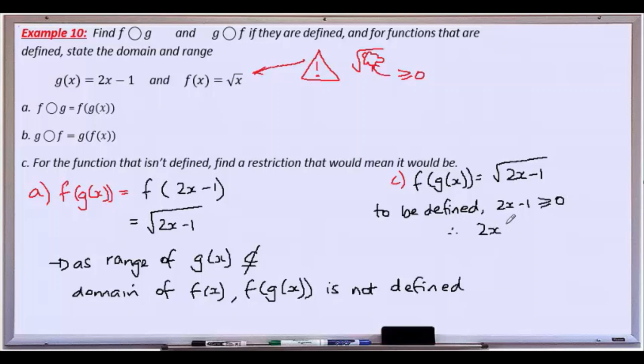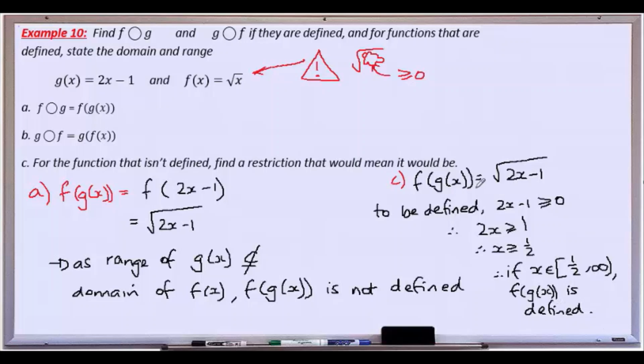Therefore, 2x is greater than or equal to 1, and therefore x is greater than or equal to 1/2. So if we restrict the domain, so if x is an element of, remember, square bracket, because we've got an equals to, from 1/2 to infinity, then f of g of x is defined.